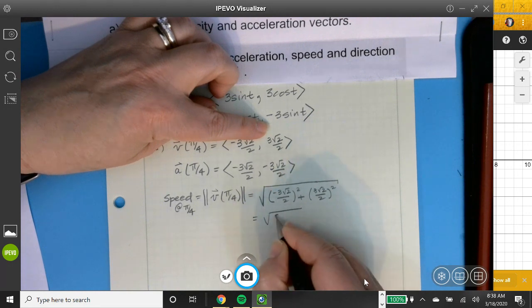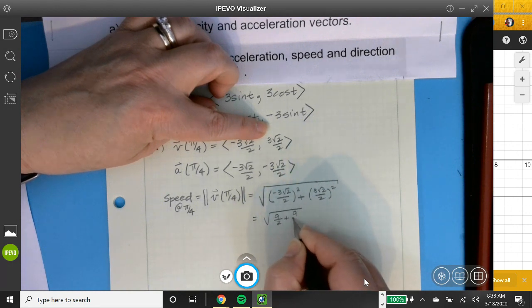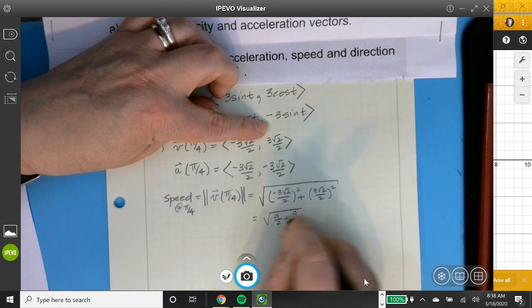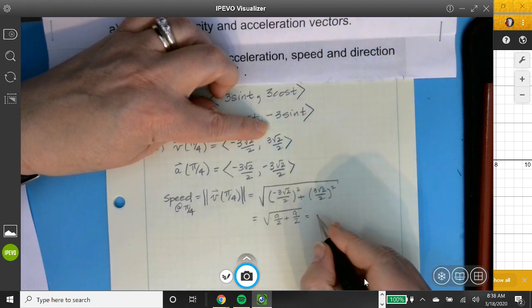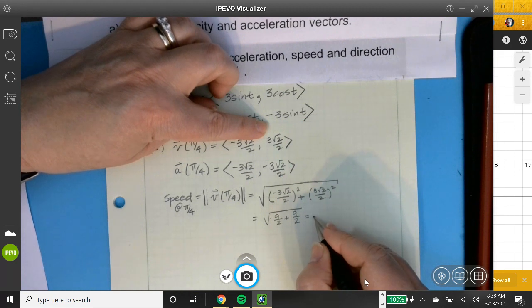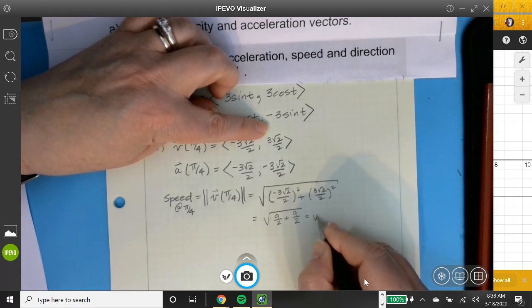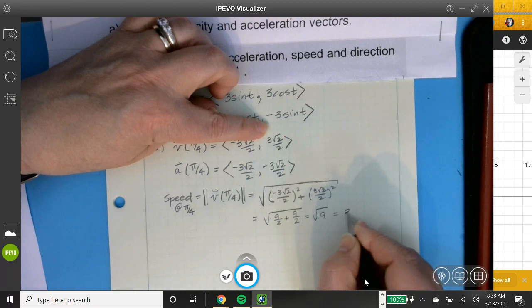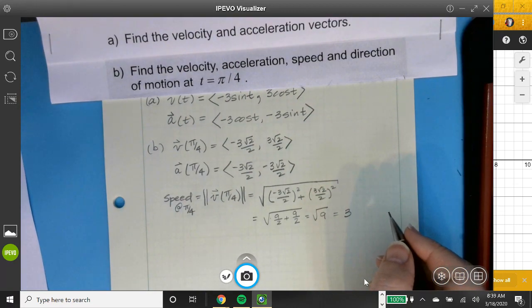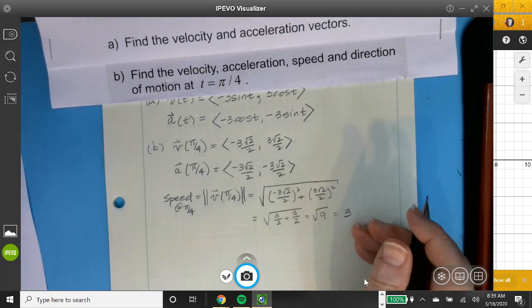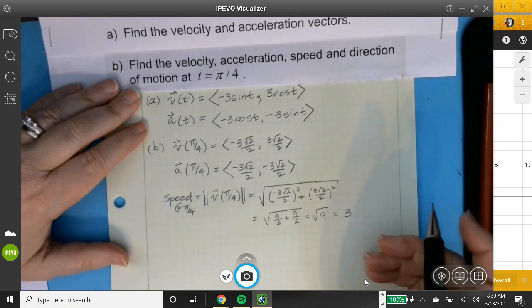So this is the square root of 9 over 2 plus 9 over 2 because they're the same. I'm doing math in my head. That can be dangerous, as you all know. And that's 18 over 2, which is 9, which is 3. So the speed at pi over 4 is 3. And notice that's a scalar. That's a number. That's what we expect, right? And the direction.